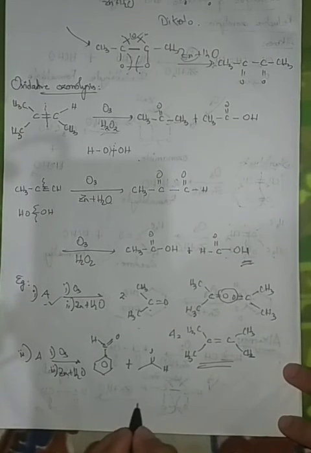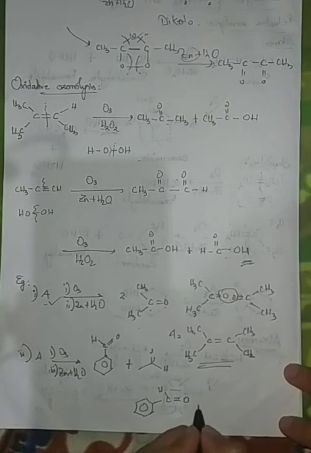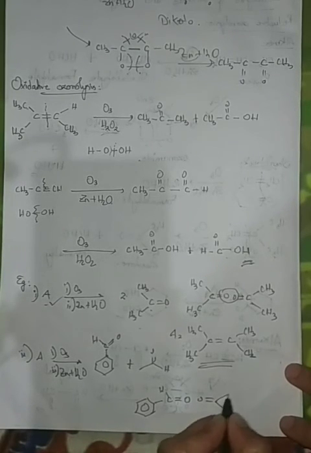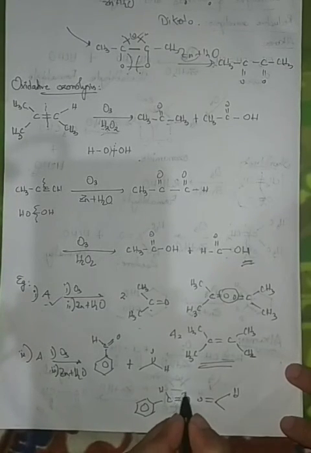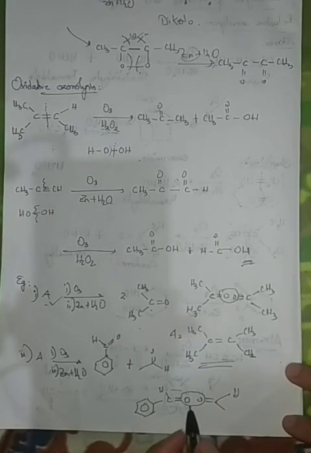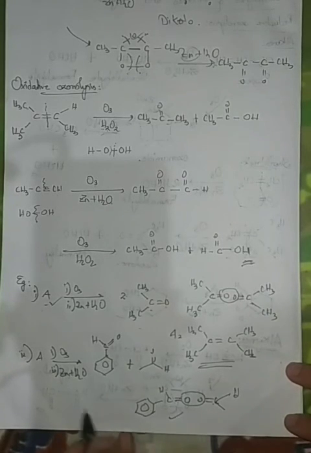You can write it like this: carbon C H double bond O, and then H, and then this. Just remove these 2 oxygen atoms and then attach the carbon and carbon atom. Therefore, you'll be getting the starting material as A.